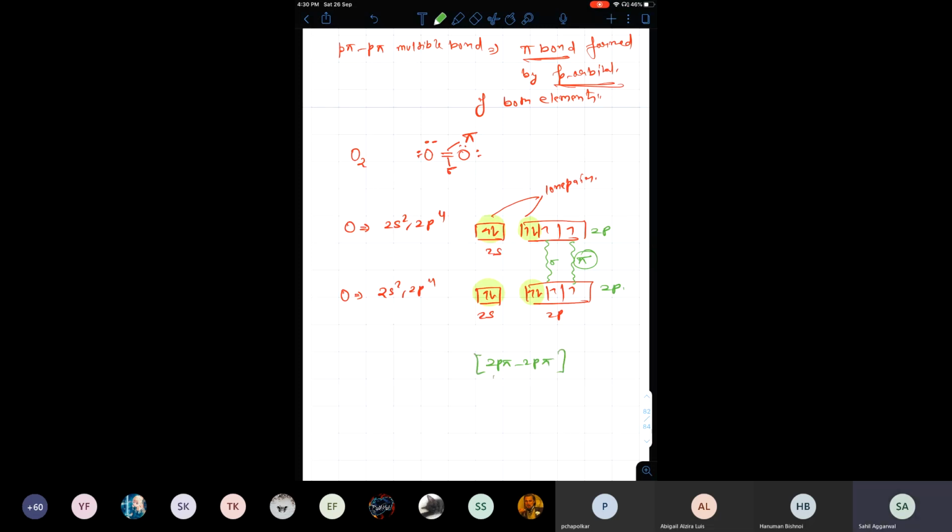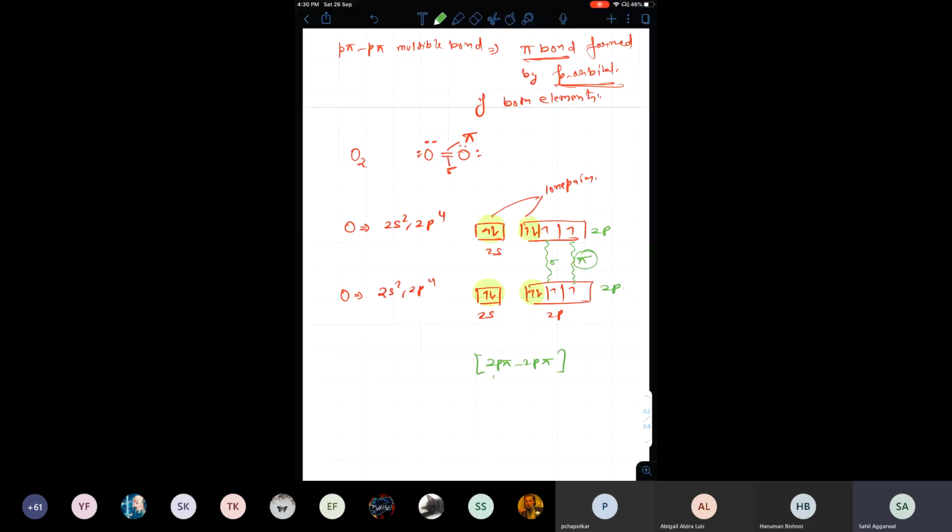Any doubt in understanding p pi multiple bond? Why have I written 2p pi 2p pi? Where can we see the lone pair?